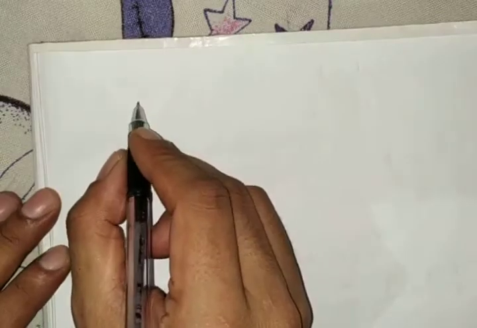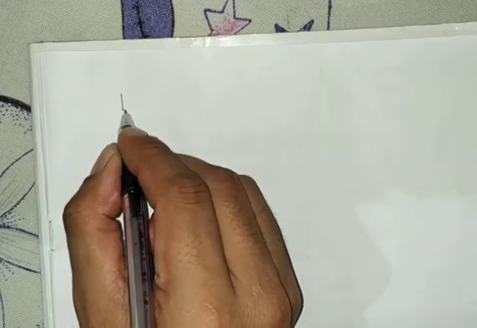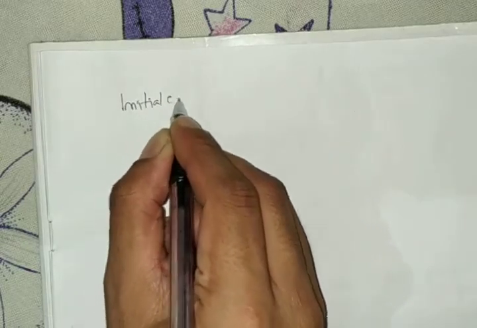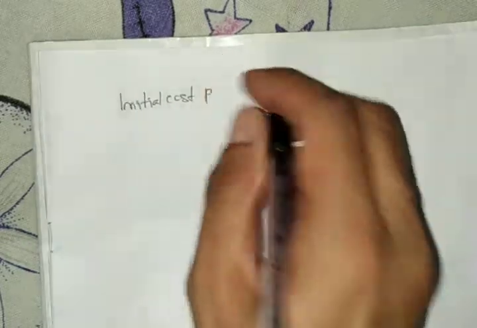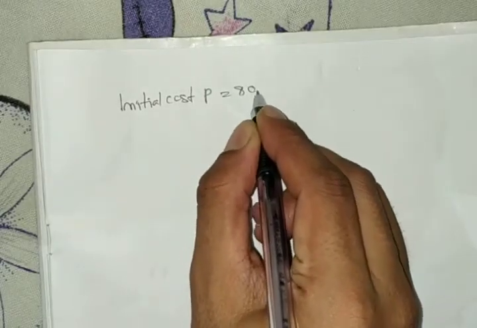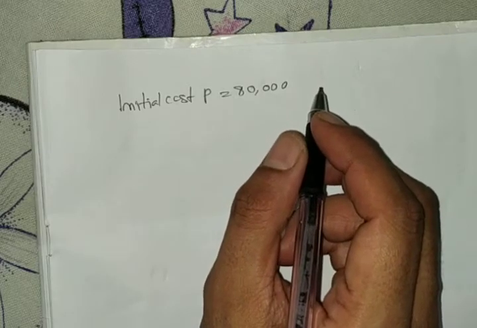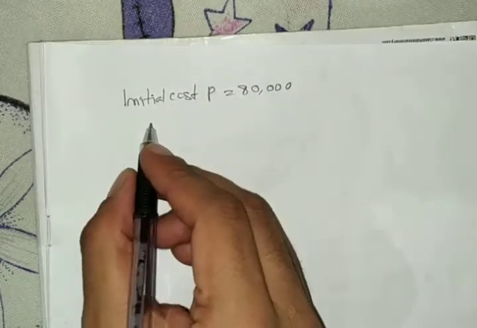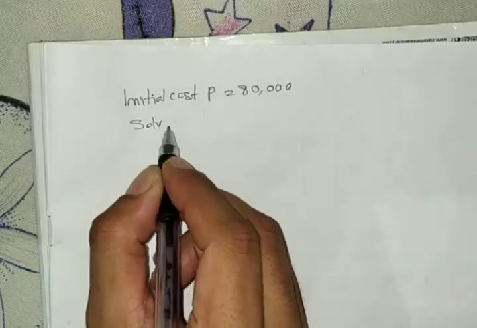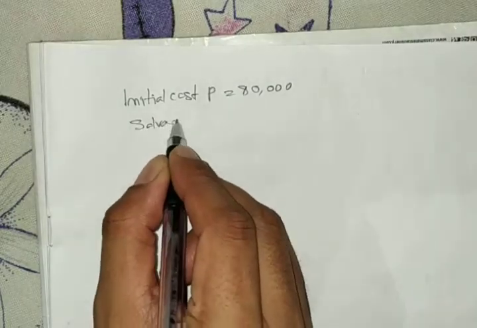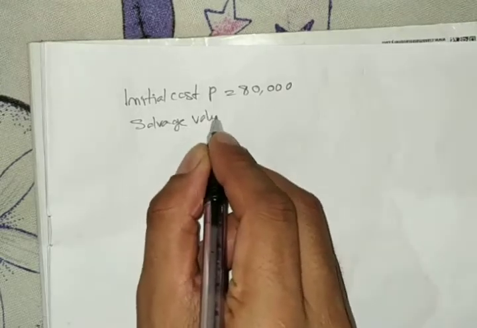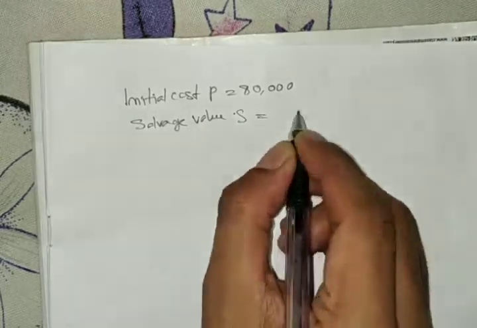In this problem, the given data are: the initial cost, that is your P, is 80,000 rupees. Then you can easily find out the salvage value, that is your S, which is given by 5%.